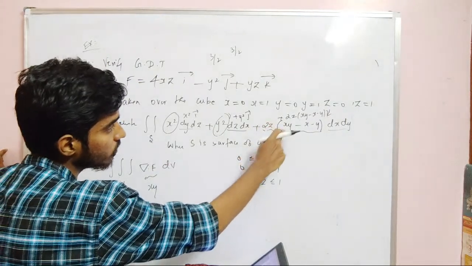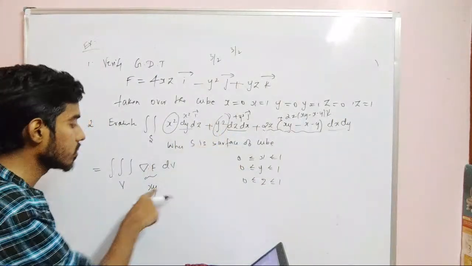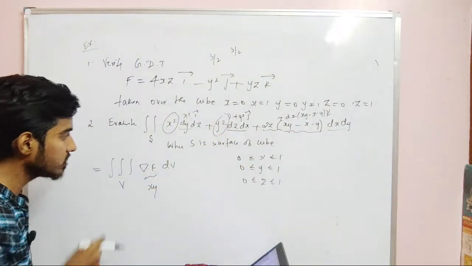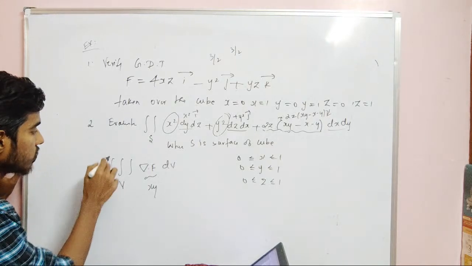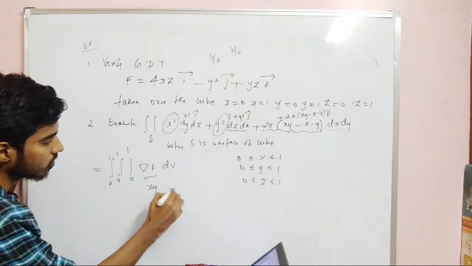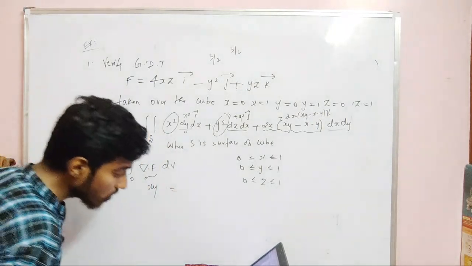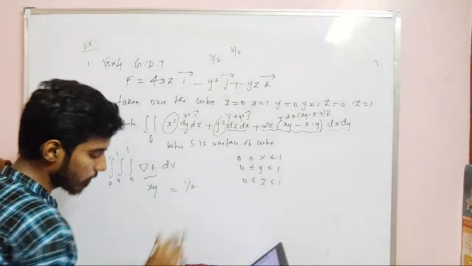So we have 2 into xy minus x minus y. When you simplify, you will have xy as your divergence, and you can see the limits are from 0 to 1, 0 to 1, 0 to 1. So in order to evaluate, we can use the divergence theorem. You will get the answer to be equal to 1 by 2.